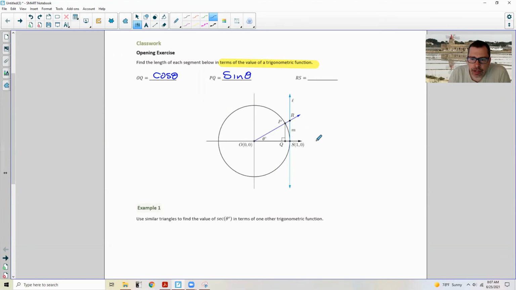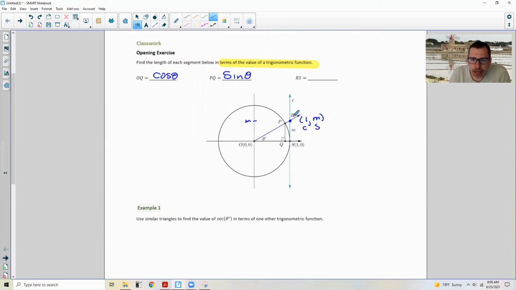What is RS? Well, this point R is the point over 1 up a distance of m. So this point right here is a length m. So we went over 1 up a length of m, which we don't know. So it's 1 comma m. And this is cosine and this is sine.